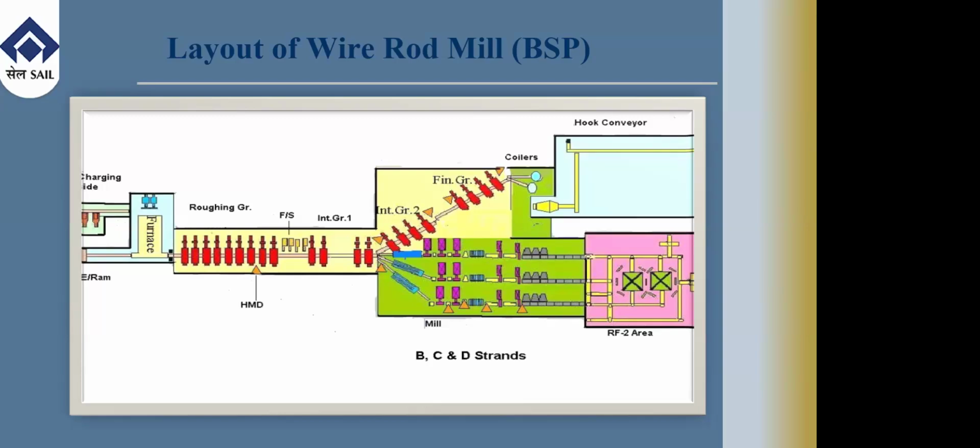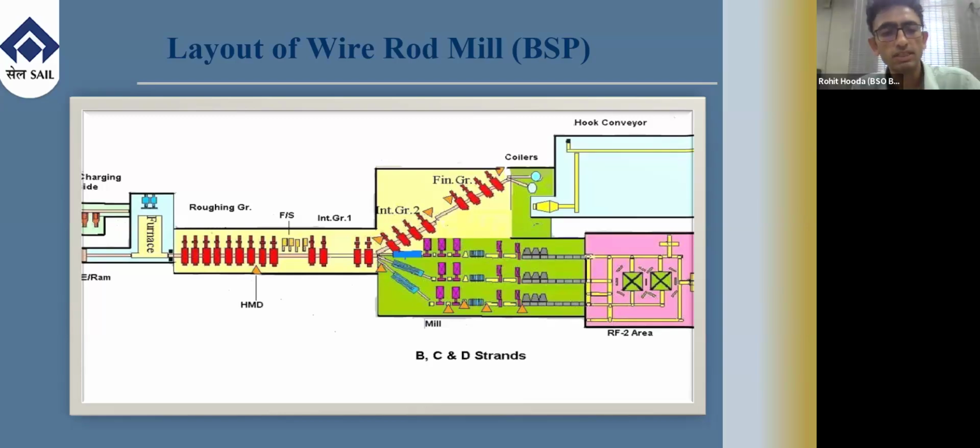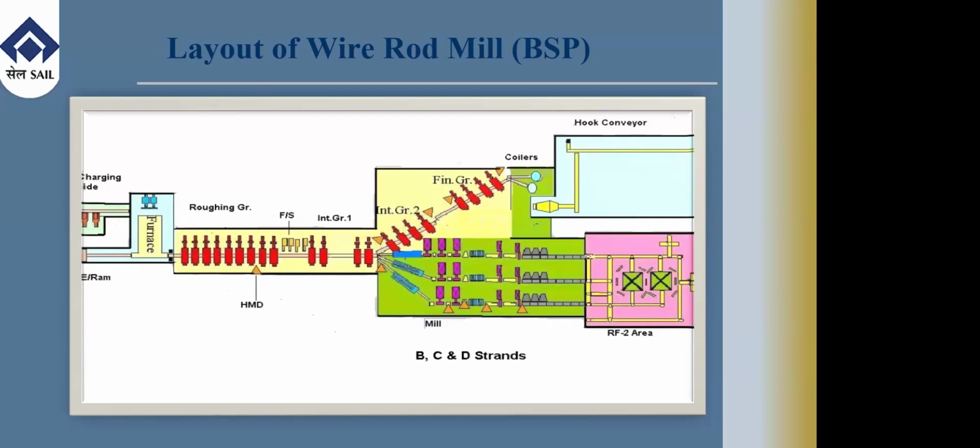First, sir, in one slide you have shown that you have supplied Sales Secure. What was the UTS by YS ratio maintained in that? Earlier, around 3 years back, Sales Secure had 500D also. But for the last 3 years, Sales Secure is produced only in 550 grade in entire SAIL.